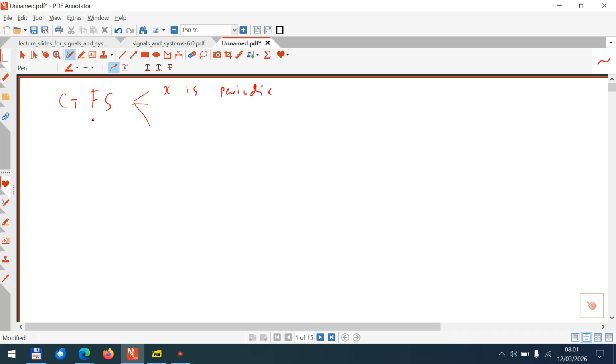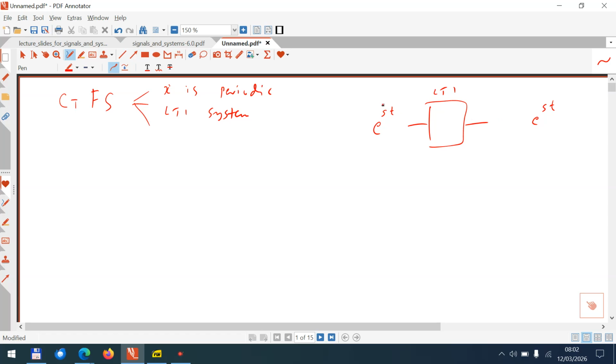And the reason you are interested in this is that you will apply this signal to an LTI system, and LTI systems have this nice property that if you apply a complex exponential, they preserve that shape and it only gets multiplied by a scalar.